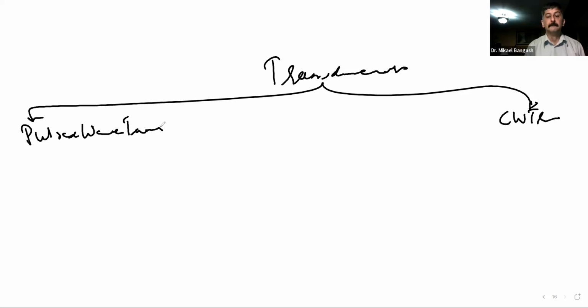Did that make sense? But we mainly made this transducer here a continuous wave transducer because there was no backing material. Since it doesn't have a backing material, it's not going to be pulsing.